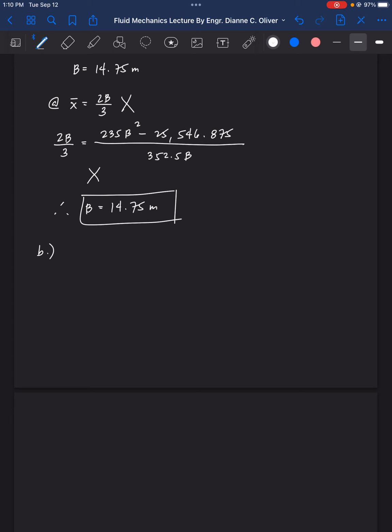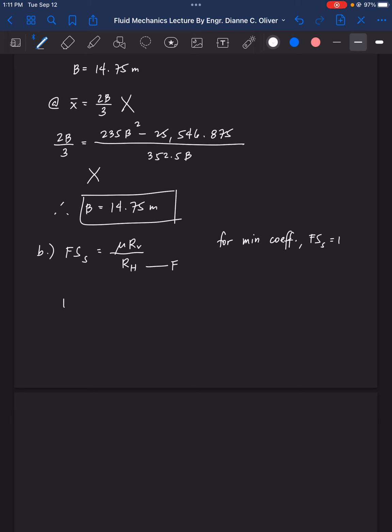So minimum coefficient of friction to prevent sliding, Fs, is equal to mu Rv over Rh. Okay? So our Rh is the F, right? This is our F. So for minimum coefficient, Fs is equal to 1.